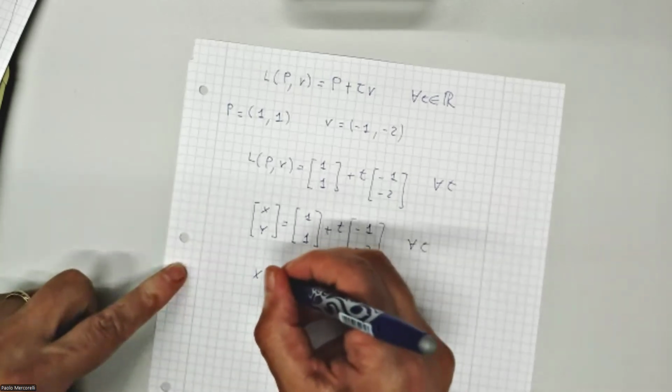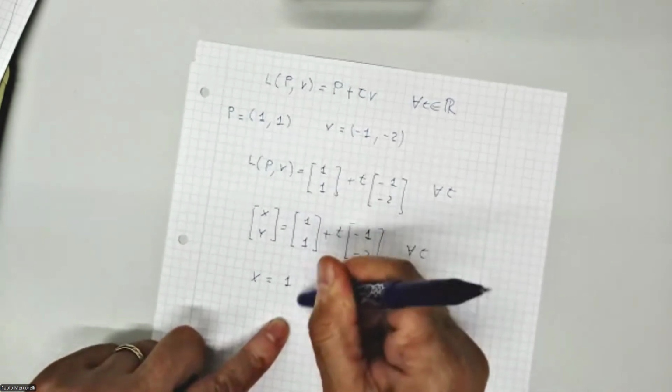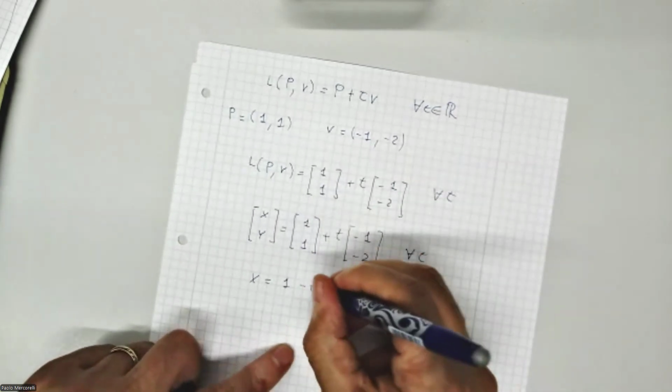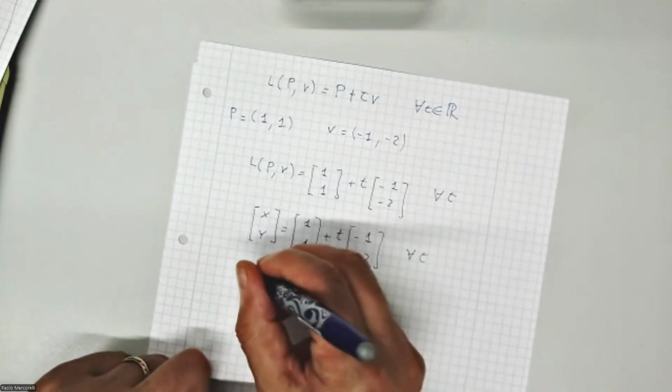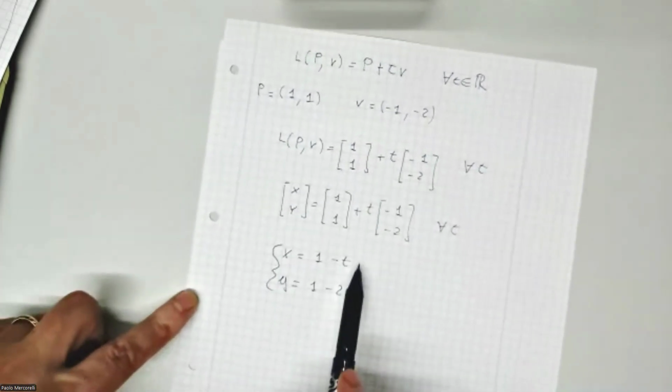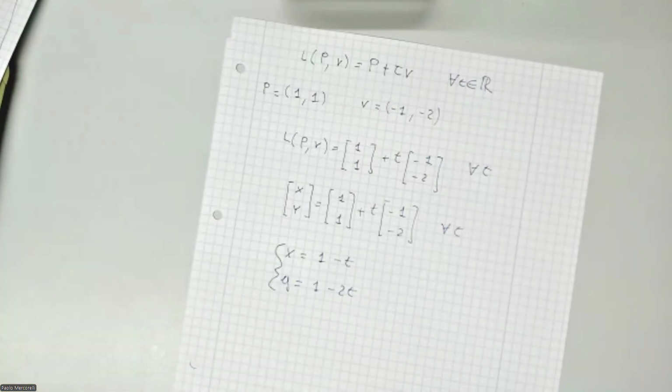This means x equals 1 minus t and y equals 1 minus 2t. Please pay attention, this is more explicit than in the slide. Both must be satisfied to have the equality. All components must be equal. For somebody it is boring, but I will repeat basic knowledge. Do you agree with this?